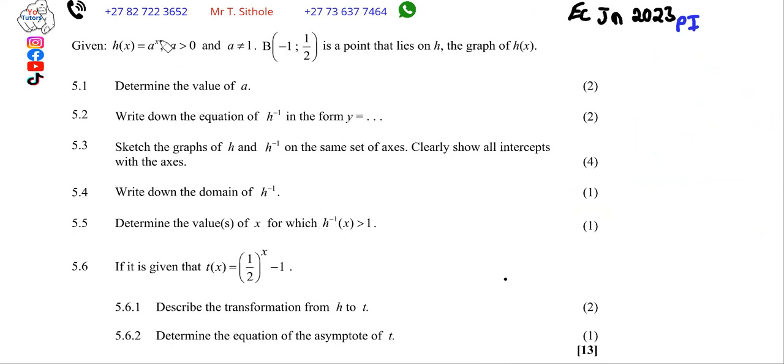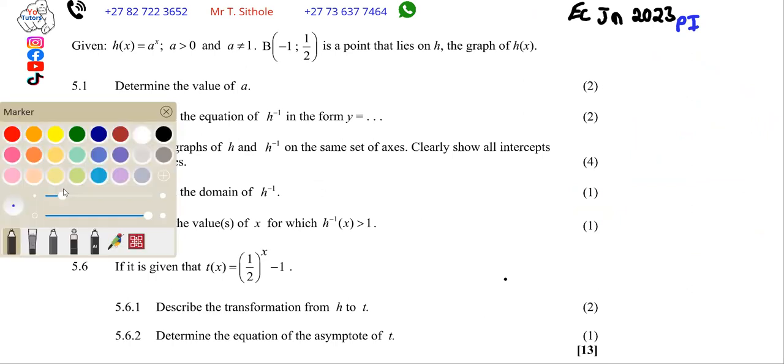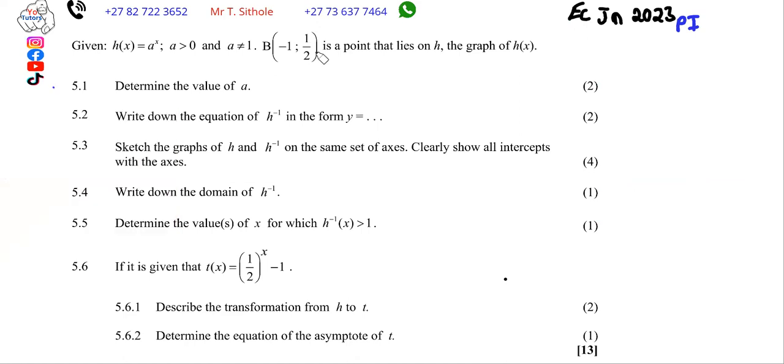For you to get the value of a, you are given a coordinate, and the coordinate consists of your x and y. In this case, this is our x and this is our y.